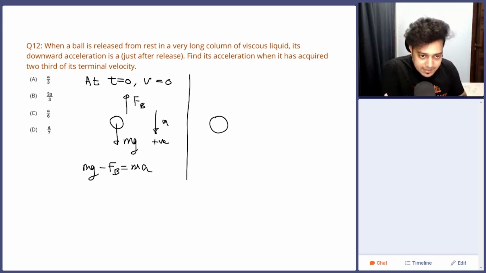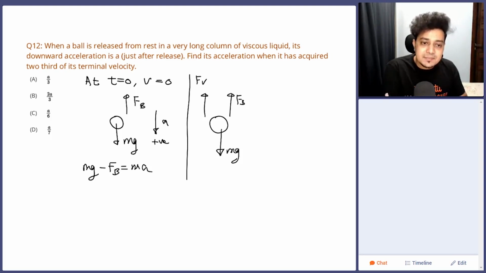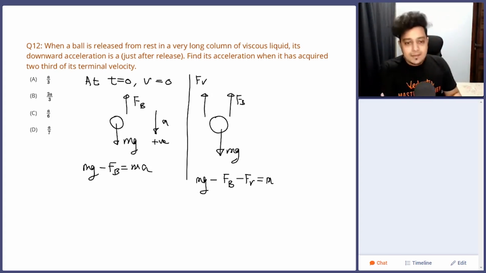So now let's figure it out. Weight will remain the same. Buoyant force will remain the same. Viscous force will vary. Here, if I apply Newton's law, then net force, mg downward minus buoyant force minus viscous force, is equal to mass into acceleration.